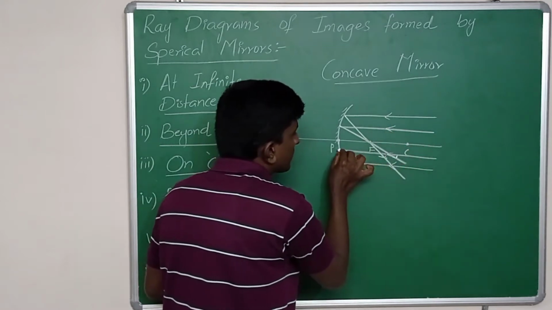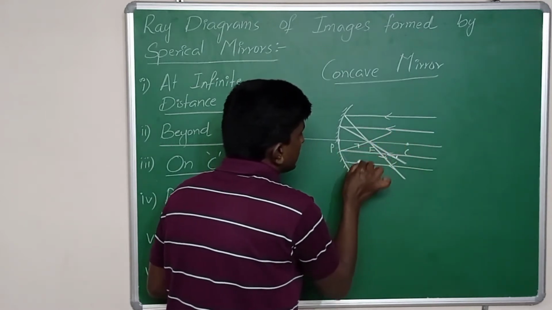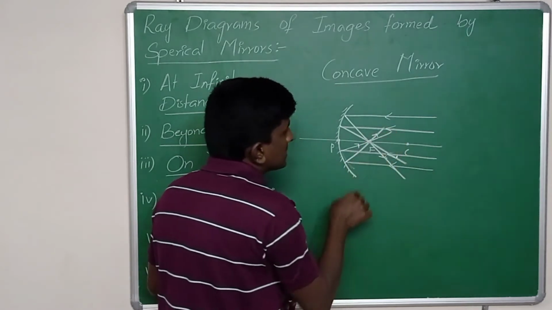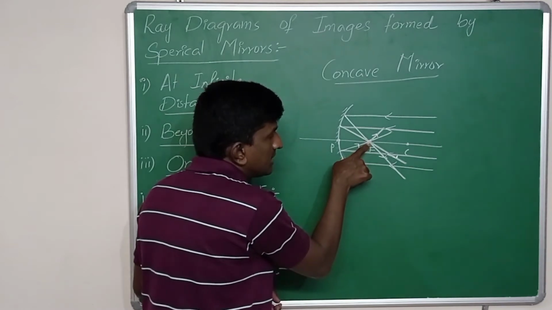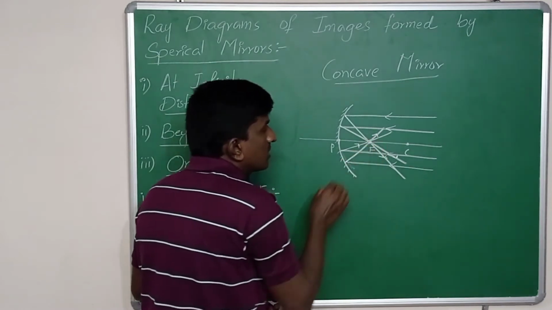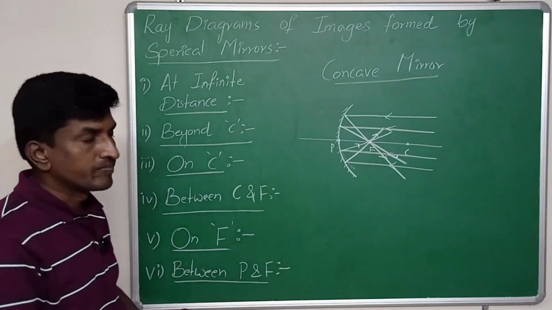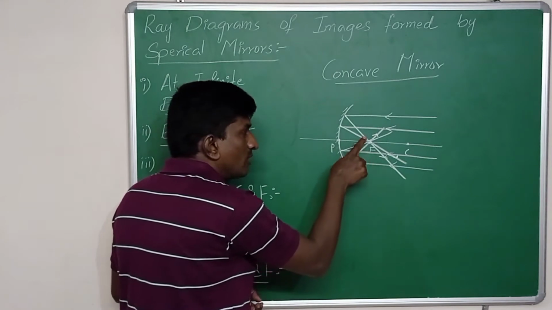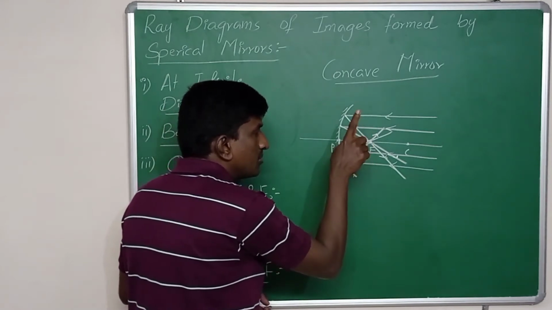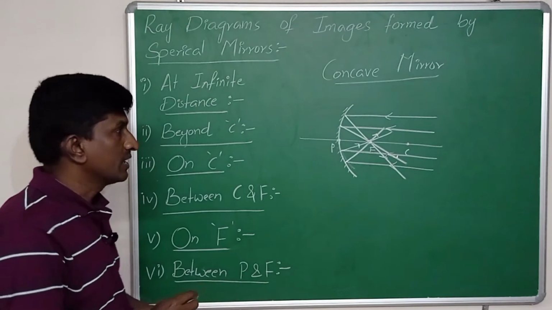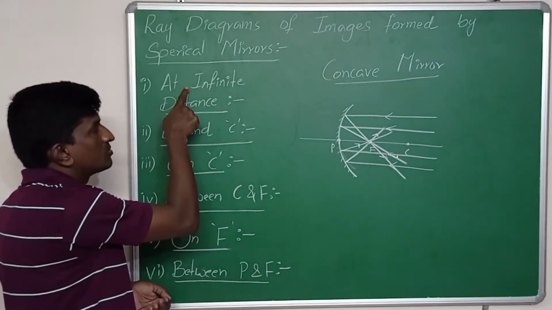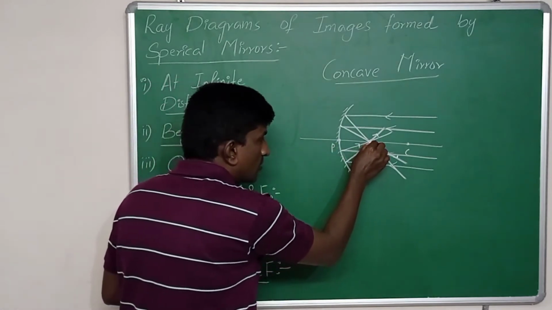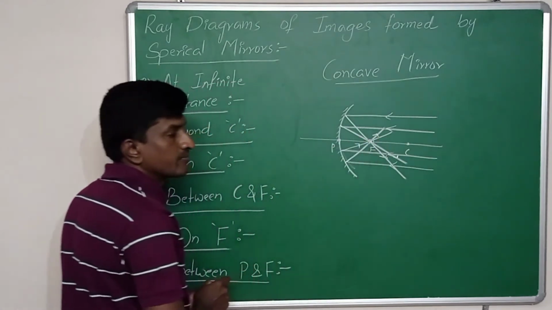Here all the reflected light rays pass through the focal point, which means all the reflected light rays intersect at the focal point. Where the light rays intersect after reflection, there the image is formed. So in the case of an object at infinite distance, the image of that object is formed at the focal point.